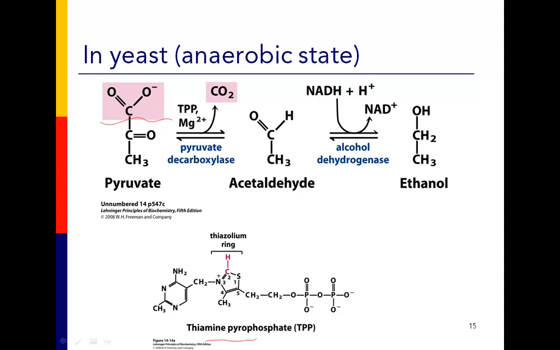Where might you have heard of thiamine before? Does that sound at all familiar? It sounds like one of the bases, but it looks kind of like thiamine a little bit. Does it sound like a vitamin? Yes.